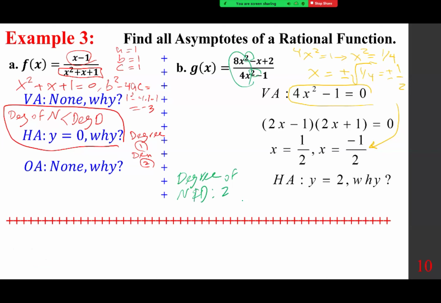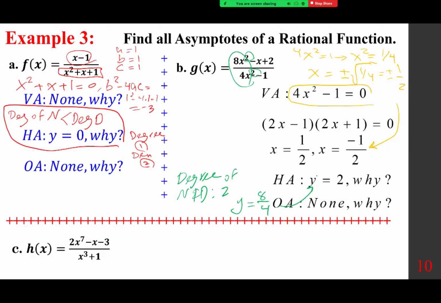So y equals 8/4 is the answer. And because you have a horizontal asymptote, there is no oblique asymptote. Okay, everybody? I hope it's clear to everybody.